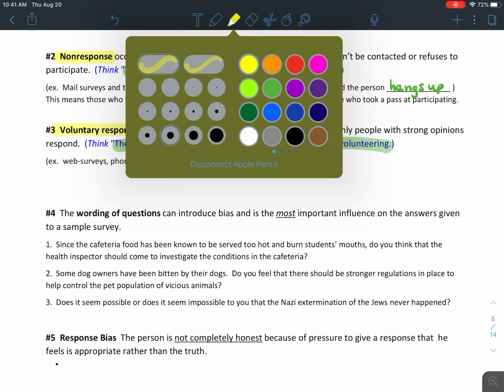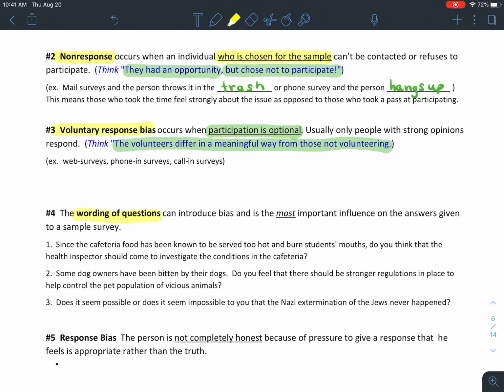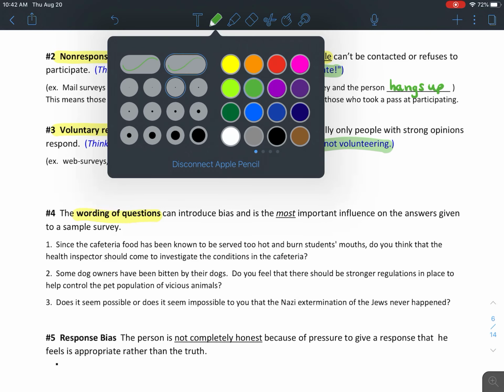Okay, and then the last one, and this one's pretty easy, it's just the wording of the question. Sometimes the wording of the question can introduce bias into your results, and it can influence the answers that people are giving. For example, if you say, since the cafeteria food has been known to be served too hot and burn students' mouths, do you think that the health inspector should come to investigate the conditions in the cafeteria?